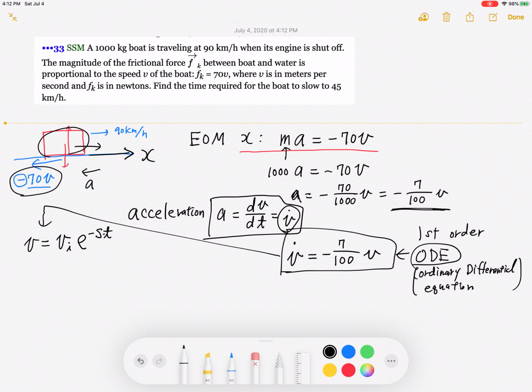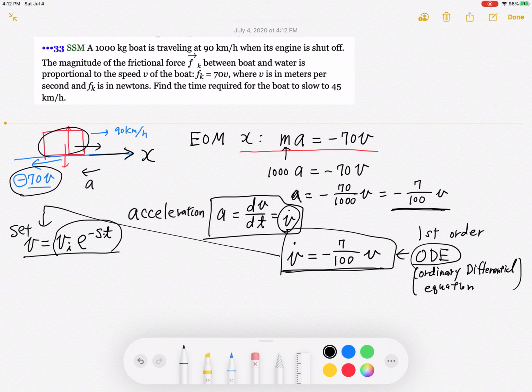If we set the shape of the velocity function like this, we are able to solve this ordinary differential equation.